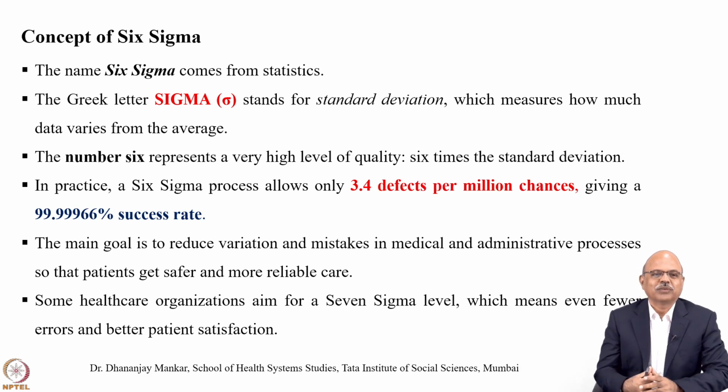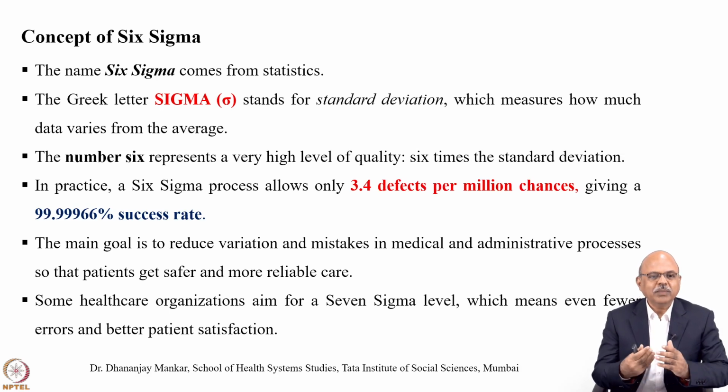What is the concept of Six Sigma? The name Six Sigma comes from statistics. The Greek letter sigma stands for standard deviation, which measures how much data varies from the average. The number 6 represents a very high quality, 6 times the standard deviation.